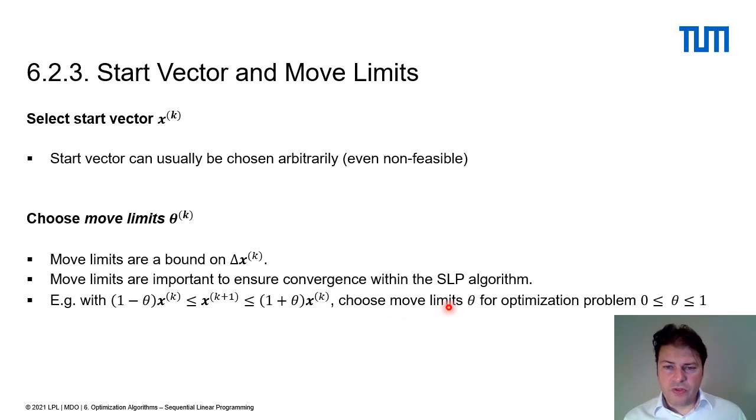And you would have to choose your move limits between 0 and 1. So if you chose it to be 0, for example, you'd be extremely tight. Of course, you wouldn't want to do that. And if you chose it 1, then you would give more space and would allow the algorithm to make large iteration steps. Which value to choose depends strongly on the problem that you want to solve, and there is no general rule of thumb for that.